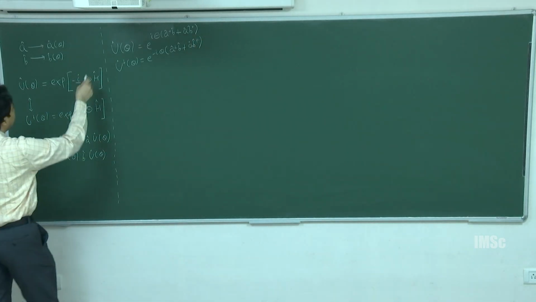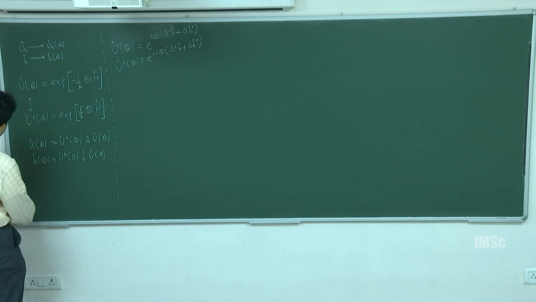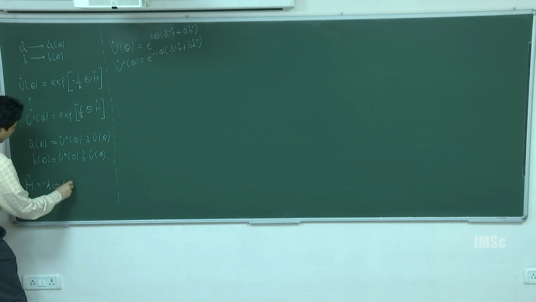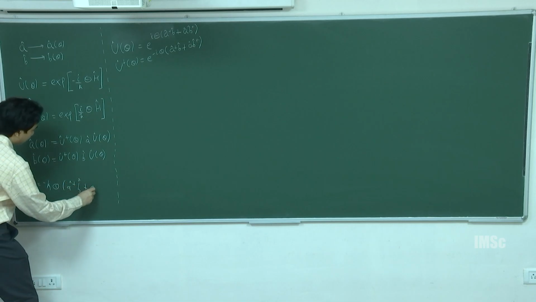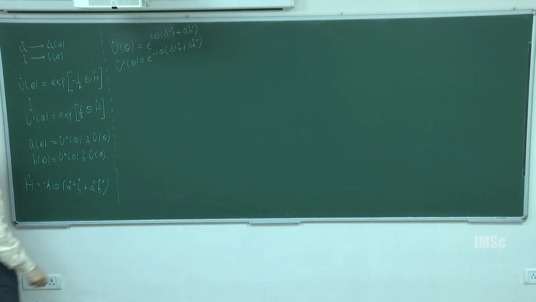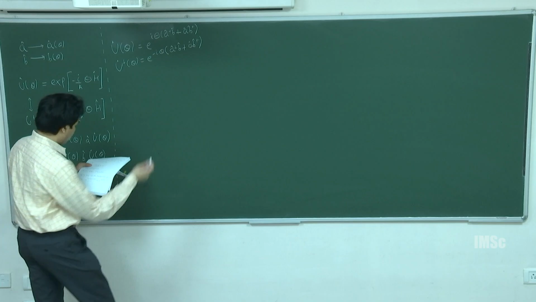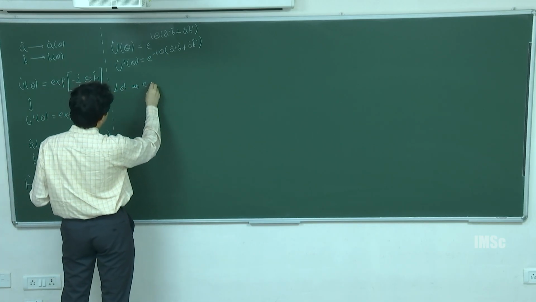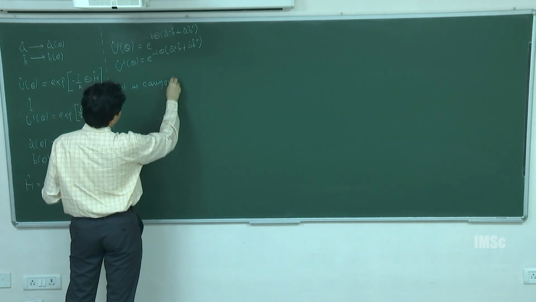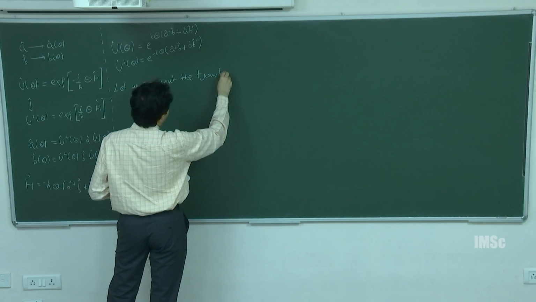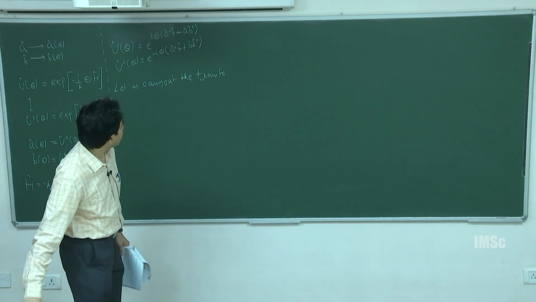So why is this U of theta? You just substitute for H. Define a Hamiltonian of this form. Just plug this one here, you will get this expression. Okay, let us carry out the transformation for A.